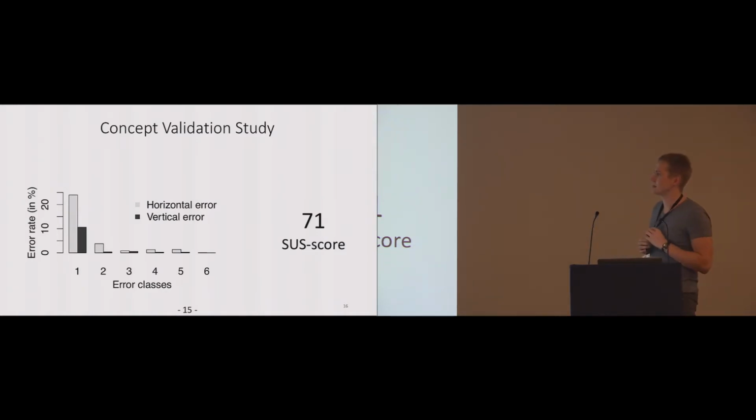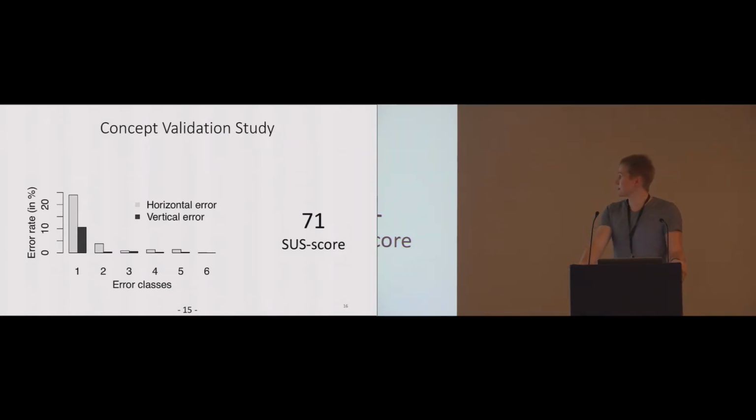It looks like a lot, but we don't include here the people that were right, that were doing no error. Overall, it seems to be around 30% where the wrong class was given here.